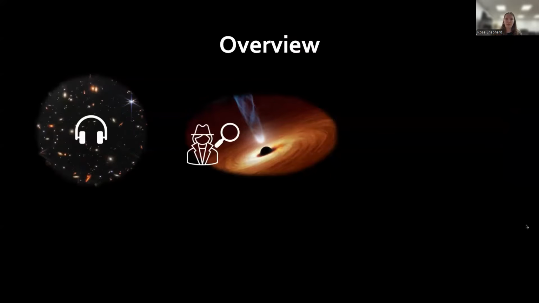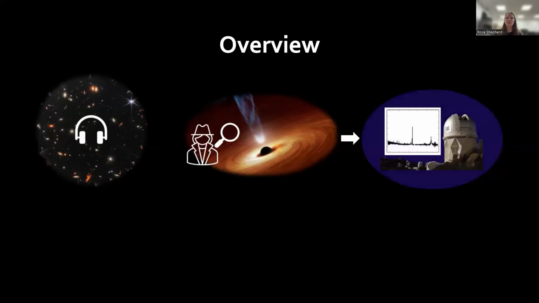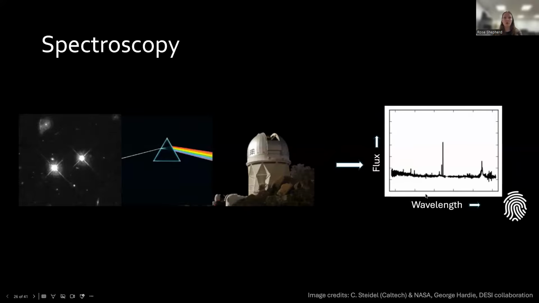Okay, so we've now covered sonification and supermassive black holes at the center of galaxies. So now I'm going to talk about how we can study them using a technique called spectroscopy. So as I mentioned before, we call these super bright active black holes quasars, which comes from quasi-stellar object.